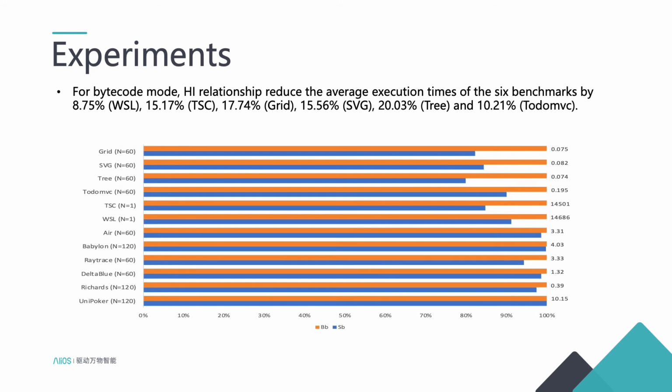We can see that SB can significantly reduce the average execution times of 6 benchmarks: by 8.75% for WSL, 15.17% for TSC, 17.74% for Grid, 15.56% for SVG, 20.03% for Tree and 10.21% for DOMK. For other benchmarks, SB does not show notable improvement due to the small numbers of interfaces and classes.